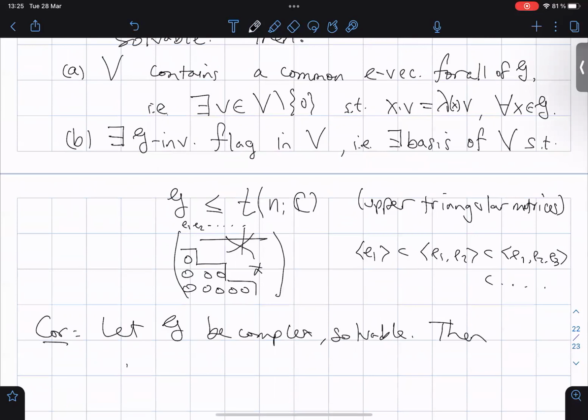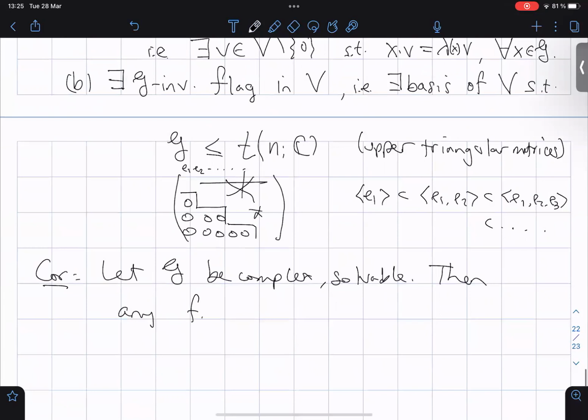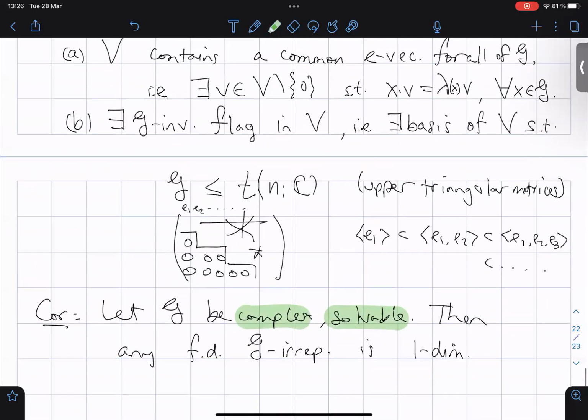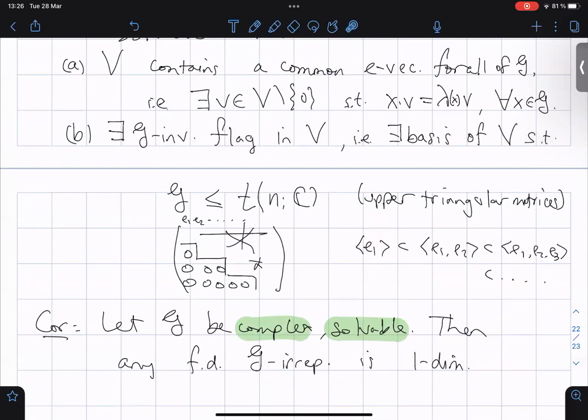Then any finite dimensional irreducible G representation is one dimensional. Right? So that comes as a direct consequence of this common eigenvector condition coming from Lie's theorem.